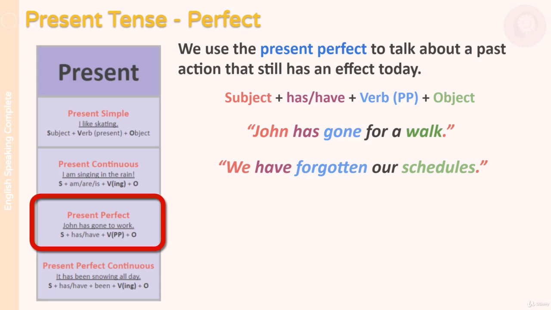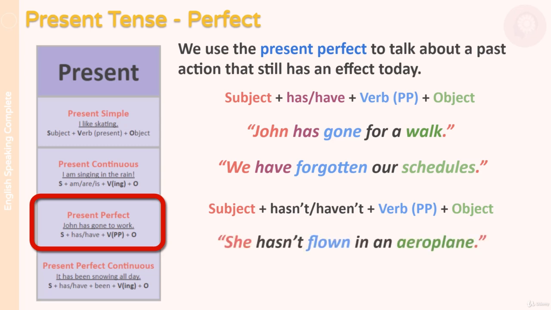Okay, so how can I use this in negative sentences? So subject plus hasn't, haven't, of course, contractions of has not, have not, plus past participle plus the object. Let's look at an example. She hasn't flown in an airplane. Aeroplane even. She hasn't flown in an aeroplane. So she's never at any point in the past been in a plane.